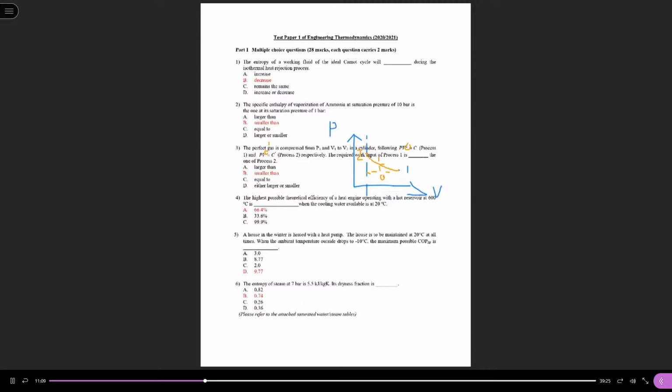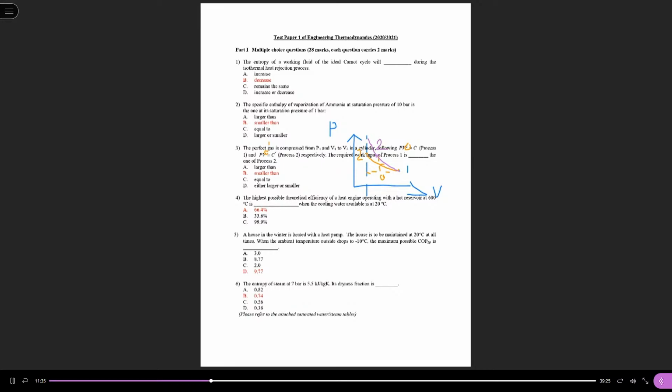Then maybe this 1 is the isothermal process. Therefore, we can see the required work input of process 1.